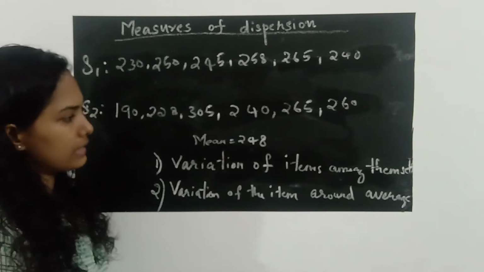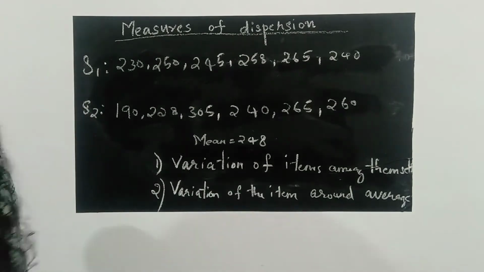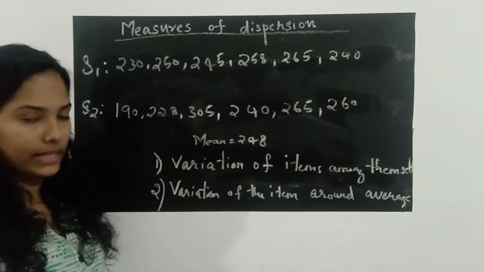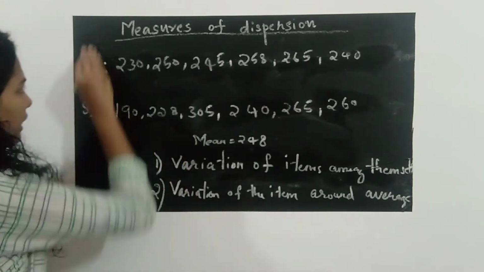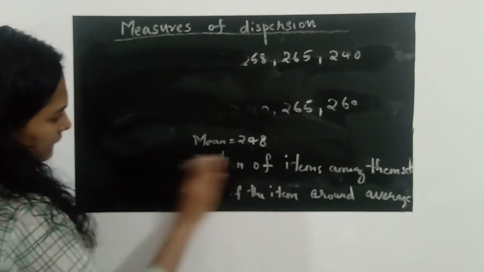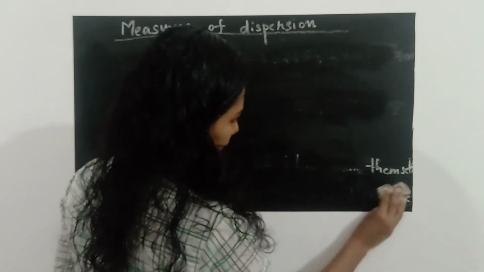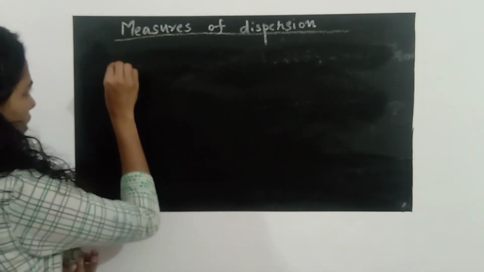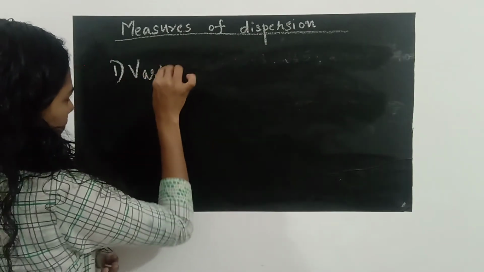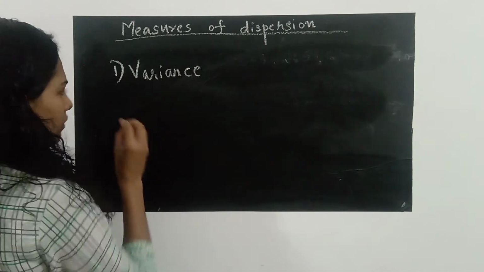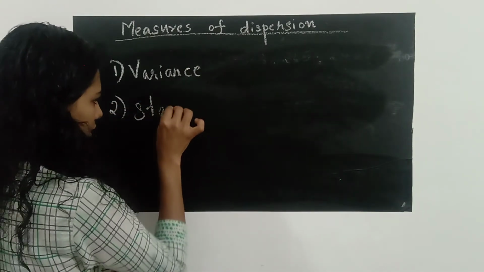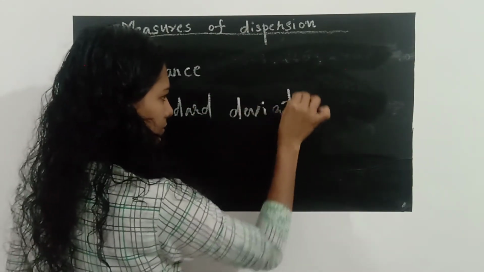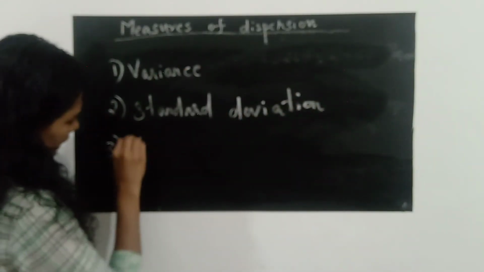One important thing is that, likewise, we calculated measures of central tendency, to describe the dispersion of items in a data set we have some descriptive statistics, which are variance, standard deviation, and range.